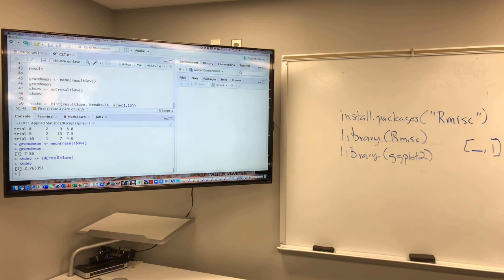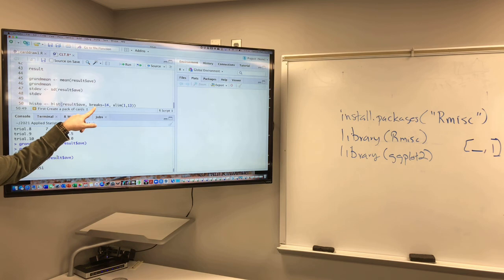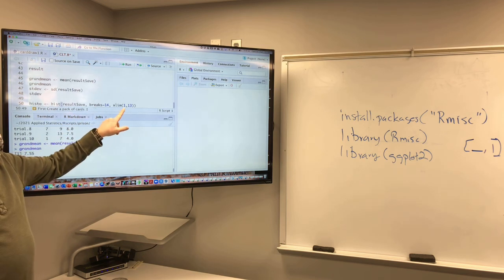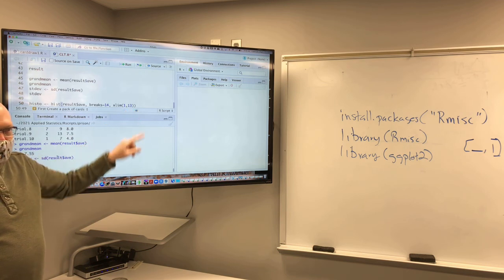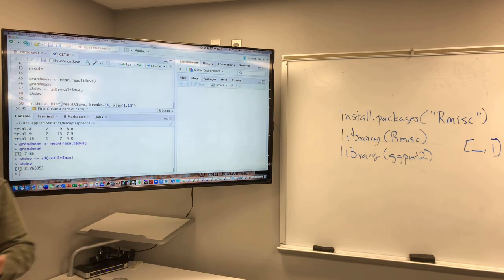So all I'm doing here is I'm naming something histo, which is going to be a histogram. The histogram is of the data in result$av, the average column of your data frame, breaks it into 14 different bins to put the data into, and the bins vary from 1 to 13 because those are the values of the cards that we have.